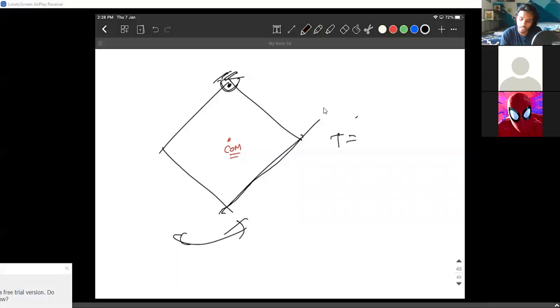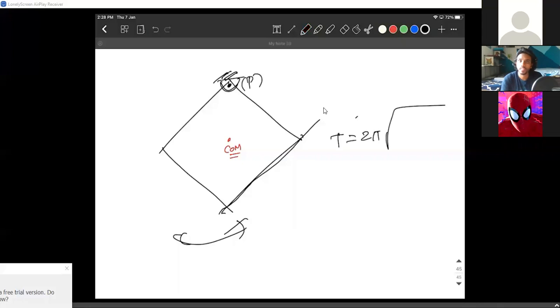The time period T equals 2 pi root over the moment of inertia about this point. Yes, Harshavardhan. First of all, the moment of inertia must be in the numerator.